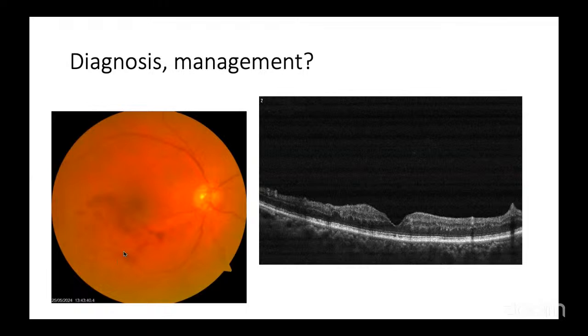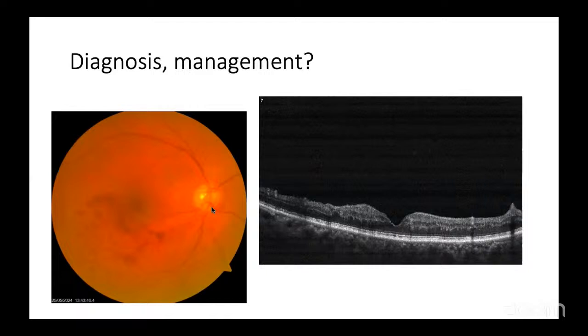The inferotemporal ones? It may be branch retinal vein occlusion. Okay. So you should be able to diagnose this from this picture, actually.